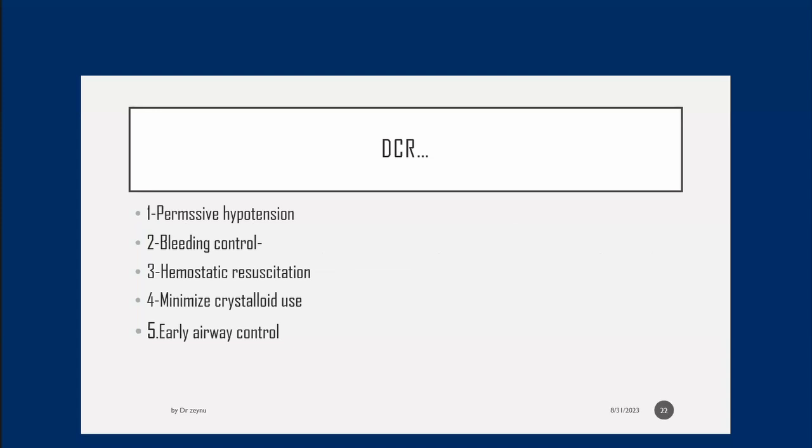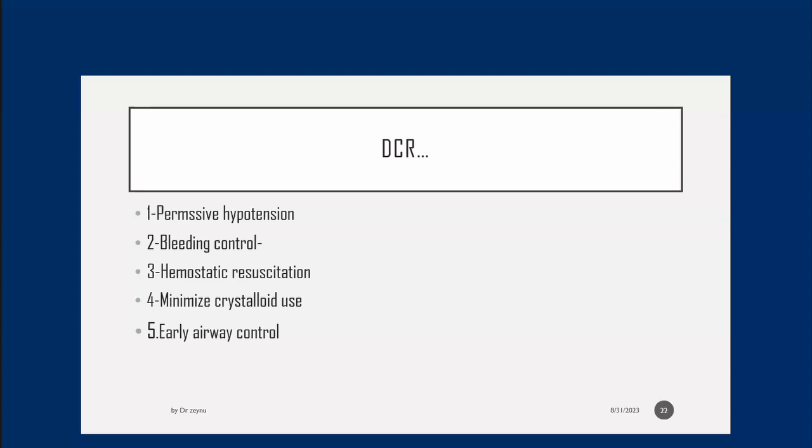One is the permissive hypotensive resuscitation protocol. Another is the bleeding control technique. Another, hemostatic resuscitation, just means limiting intravascular volume expansion with a low normal blood pressure target. And another, we need to minimize crystalloid use.